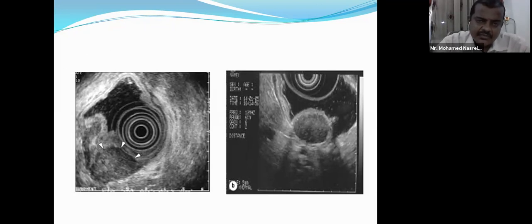Through this, the endoscopist can also do a fine needle aspiration for this tumor, and it is sensitive in 97% of cases.